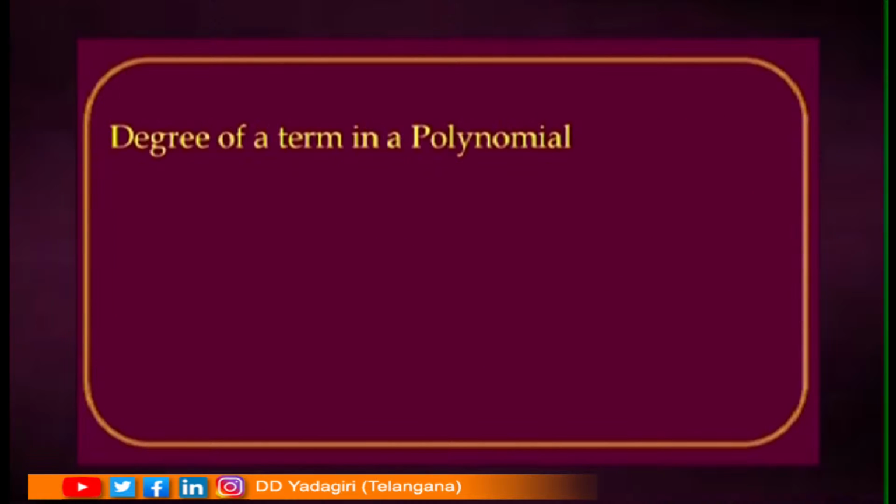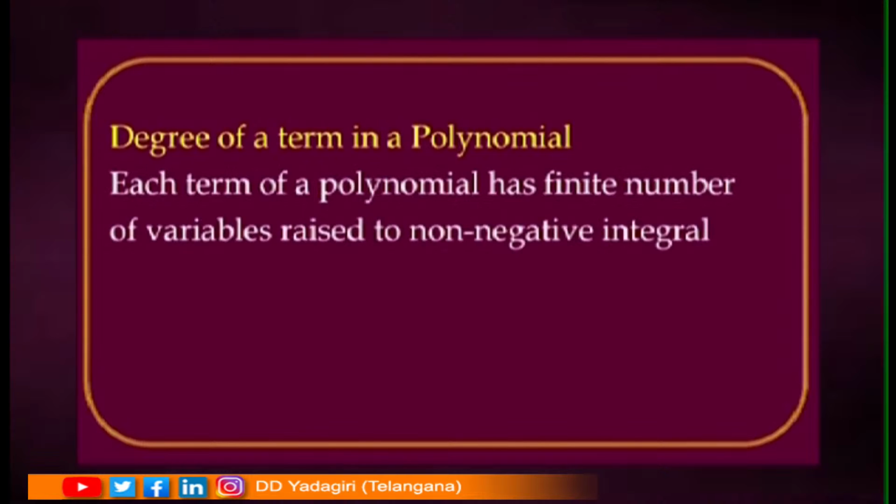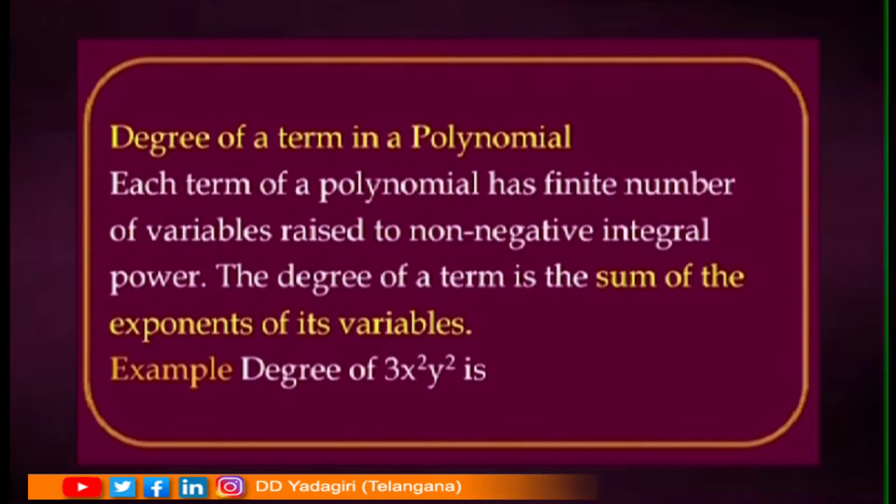Now we define the degree of a term in a polynomial. Each term of the polynomial has a finite number of variables raised to non-negative integral powers. So the degree of the term is the sum of the exponents of its variables. Take an example of 3x square y square. This is a polynomial in 2 variables x and y.